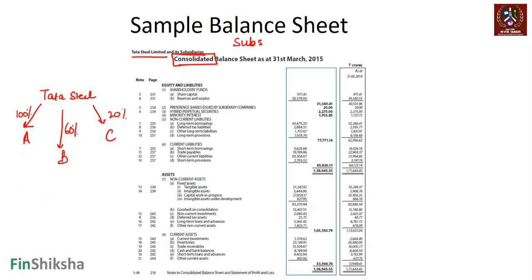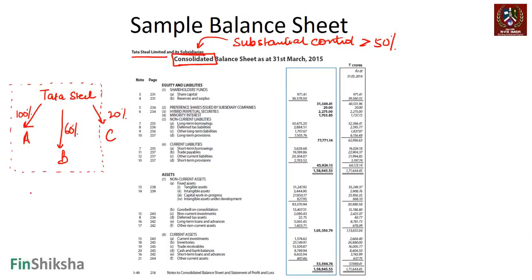Substantial control is anything greater than 50%. Technically 51%, but I'll just keep it to 50%. So these are called subsidiaries, right? So that's my subsidiary set. Tata Steel has substantial control in A and B. It may have reasonable control in C, but it does not have substantial control in C.